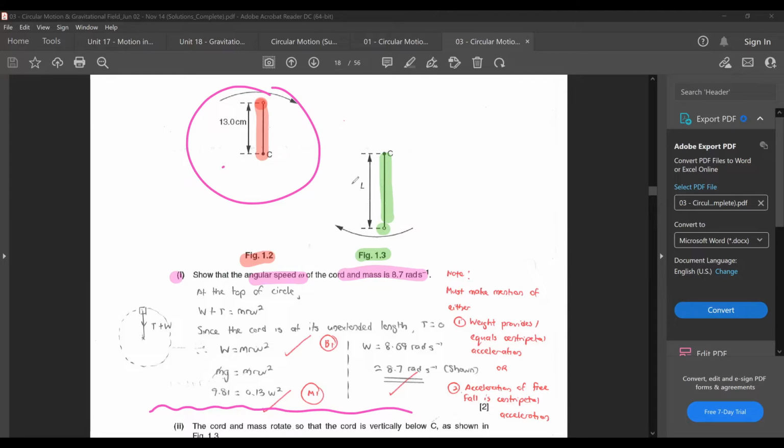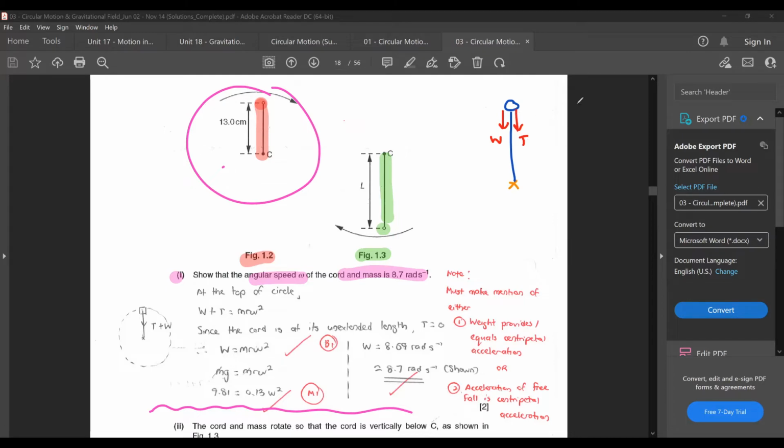So you look at the diagram where this is the center of the circle, and then your chord is like this with your mass here. At the top of your circle, there is the weight acting on the mass. There's also the tension due to the chord acting on the mass.